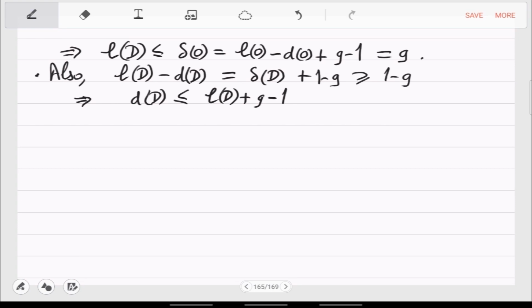And L(D) I have upper bounded, so I get 2G minus 1. I just needed less than infinity. So the degree of all these, this is true for all divisors associated to the differential omega. The degree is finite, right? So with respect to the ordering, you will have a maximal element that's defined.